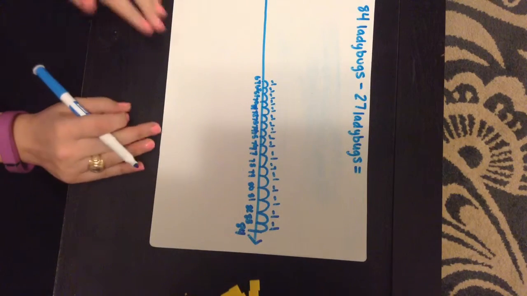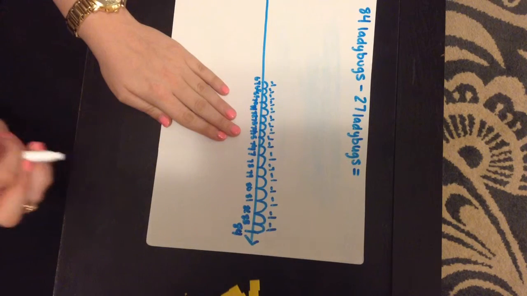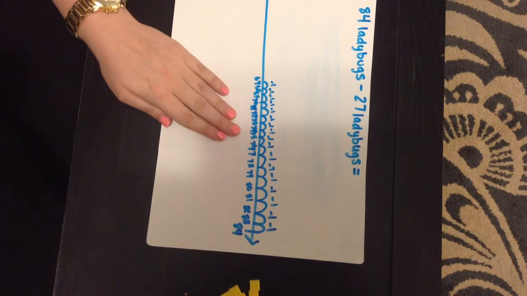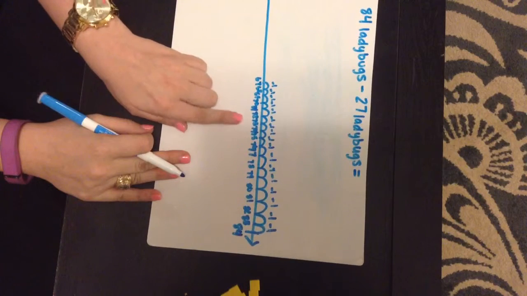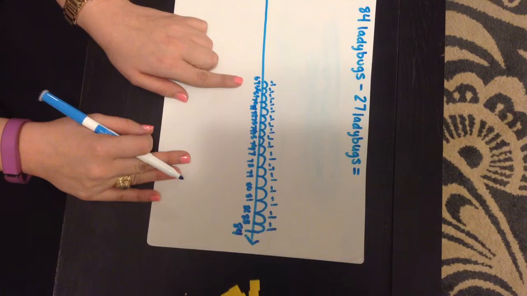And we can choose to subtract 10 by jumping backwards and counting backwards by 1 each time, or we could create a giant jump. We could jump back subtracting 2, or subtracting 5, or subtracting 10.